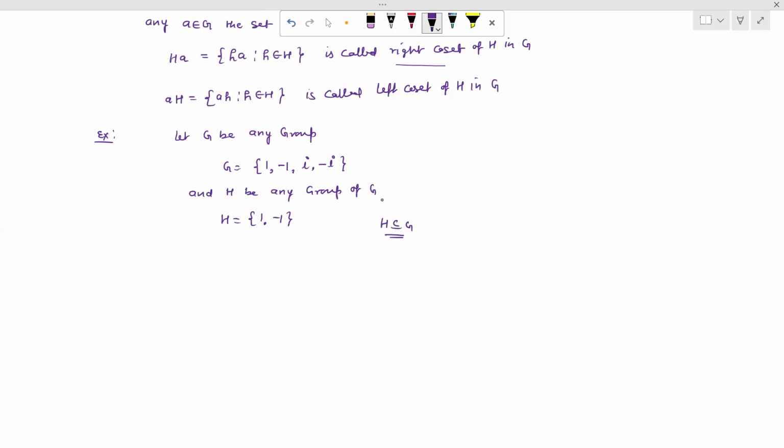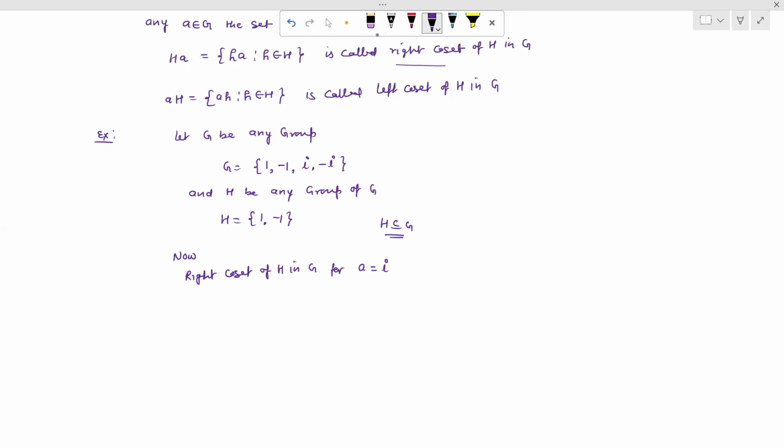Now we are going to write the right coset and left coset of H in G. For the value, we take a equal to iota. We can take any value from G, that means a can be 1, minus 1, iota or minus iota. Suppose we consider a equal to iota.